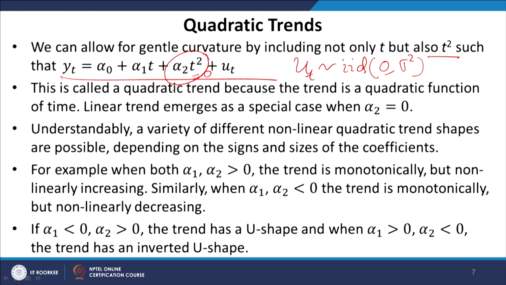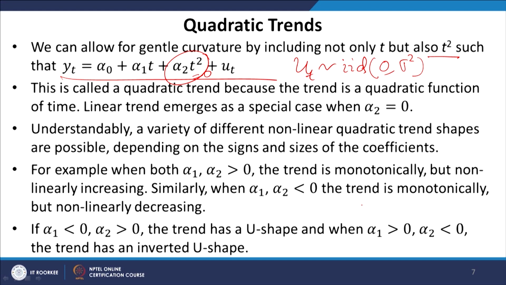Understandably, a variety of different non-linear quadratic trend shapes are possible depending on the signs and sizes of the coefficients. For example, when both alpha 1 and alpha 2 are greater than 0, the trend is monotonically but non-linearly increasing. So, I will have graphs of monotonically but non-linearly increasing quadratic trends.